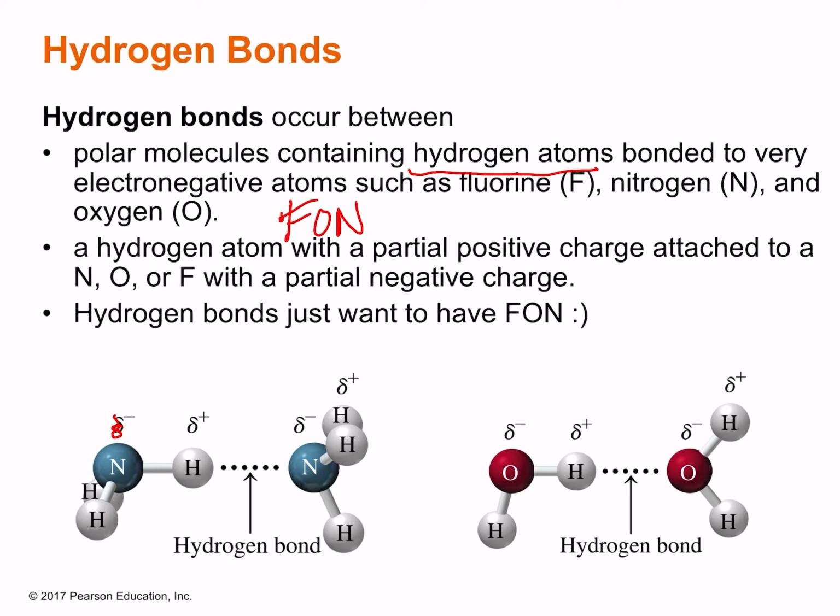This is a big delta minus, a big delta positive. So this hydrogen is really electropositive, and this nitrogen is really electronegative, and because we have a big positive and a big negative, that is a very strong attraction.